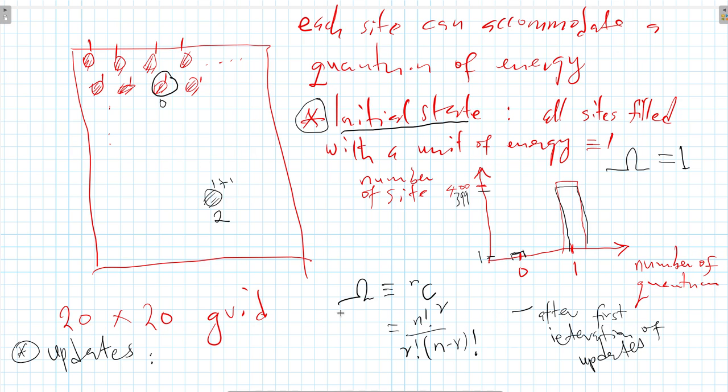One can think of the number of possible ways of reaching that state. So you can compute omega for the updated state. To begin with, in choosing the first random position, there are 400 possibilities because there are 400 sites, and I just choose one of them randomly.